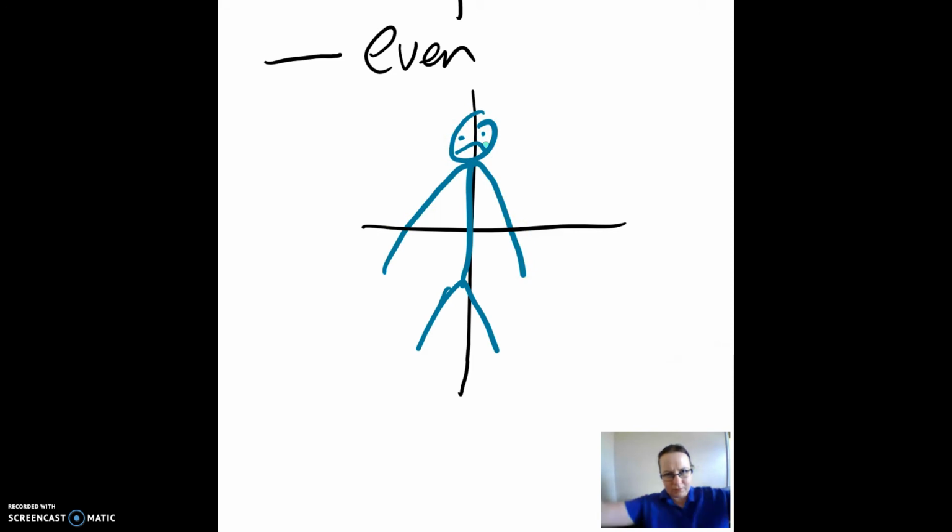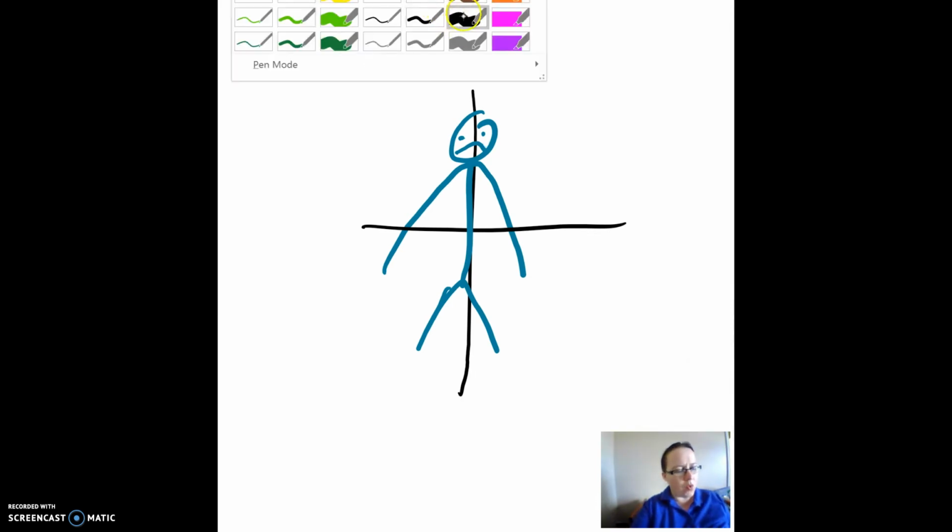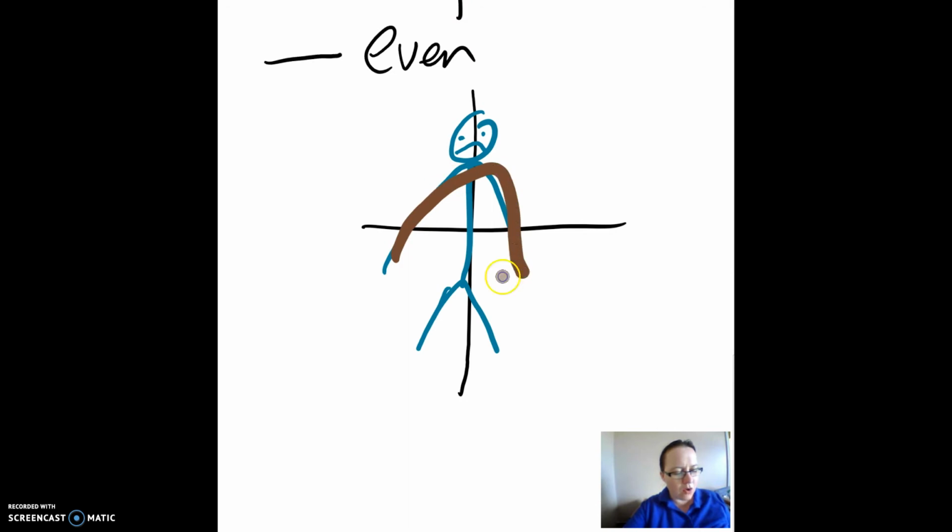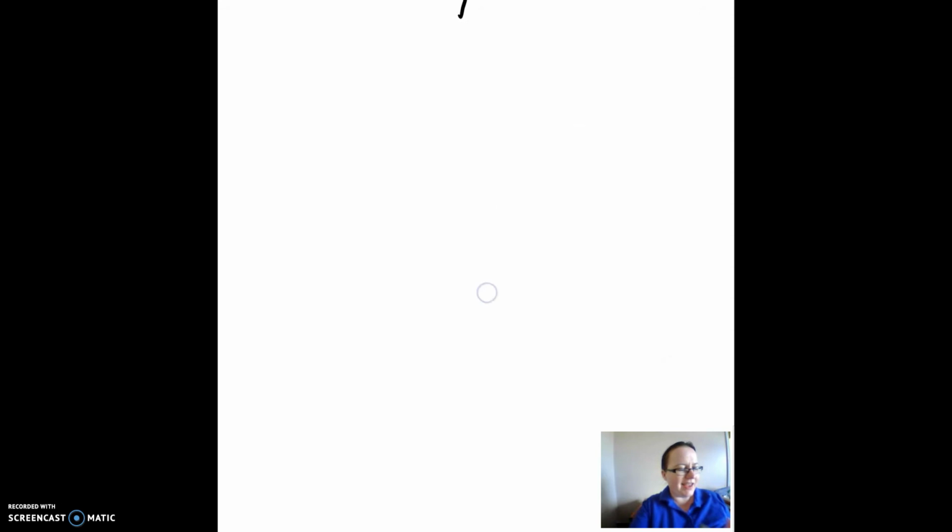So, even positive, arms up; even negative, arms down, because this one makes the frown. Evenly negative, as you're heading down negative in both directions. And that's how you remember it anyway.